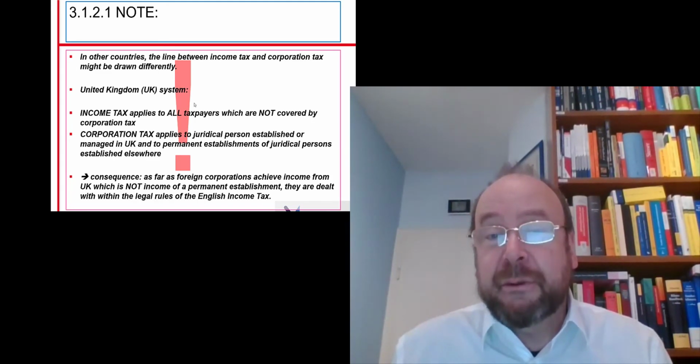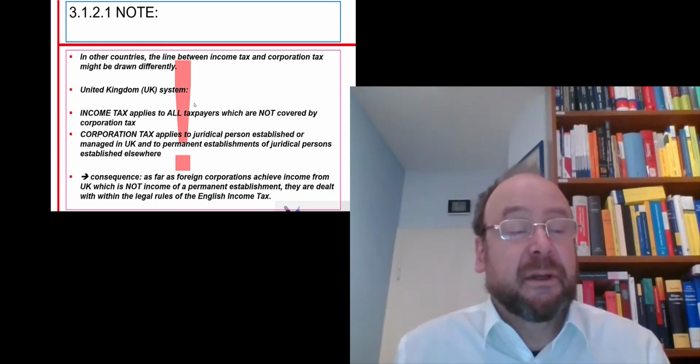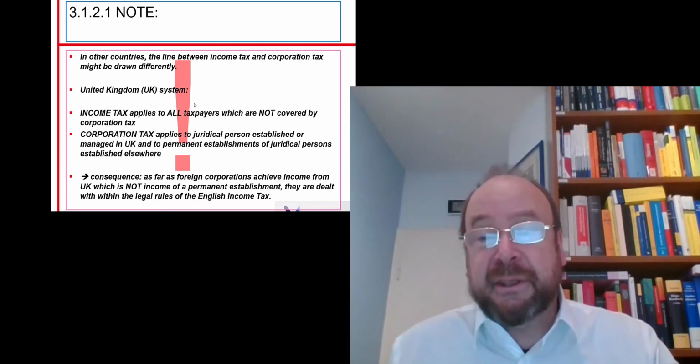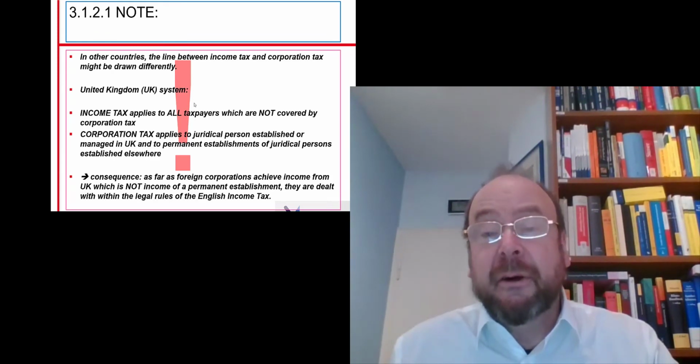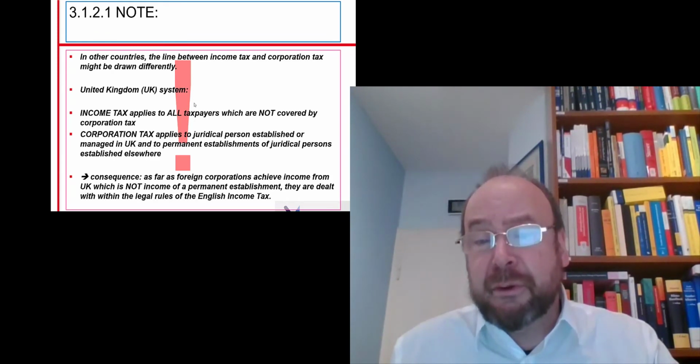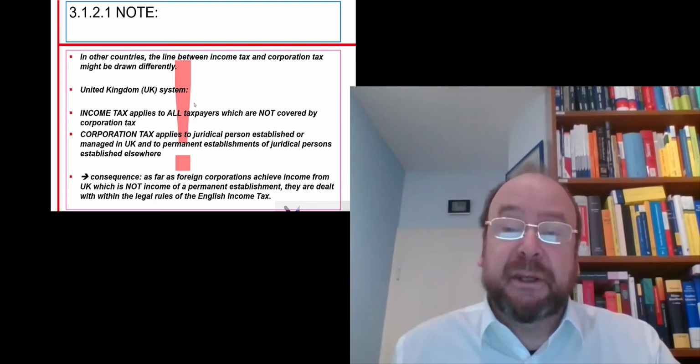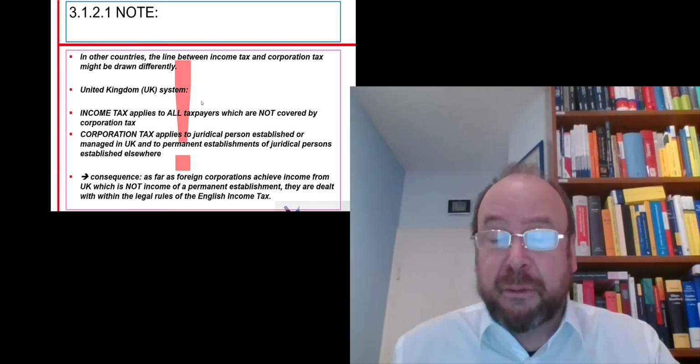So when you work yourself into the basics of foreign law, the first glance should always be, is the line between income tax and corporation tax there in this foreign country the same as in Germany, or is it rather the British approach? So you will have a close look at what is covered by income tax and what is covered by corporation tax, and how the relation between them is.